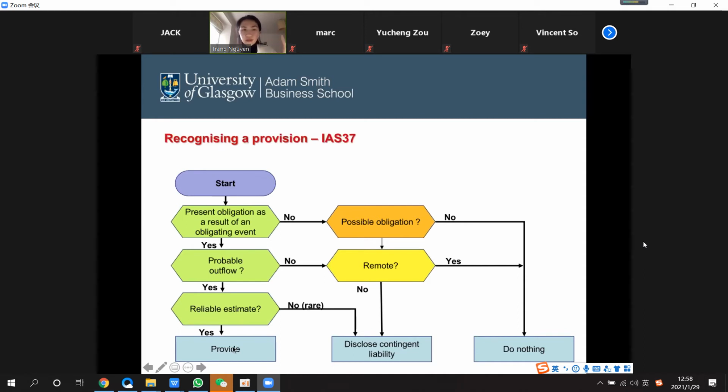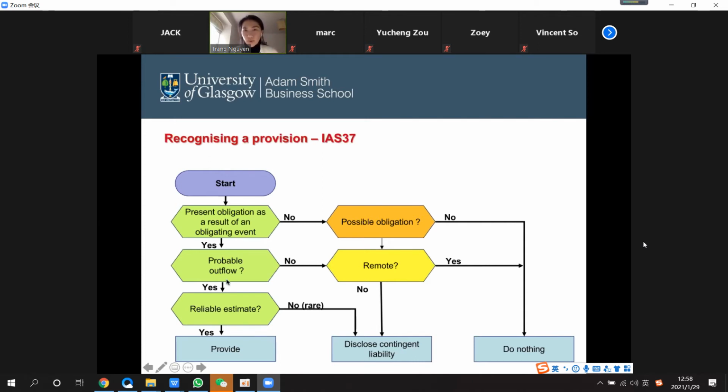Yes, maybe, but we don't know the amount we need to pay. But that information is reliable. Although uncertain, we don't know when we need to pay or how much, that information is reliable. So that's the point: need to distinguish between uncertainty and a reliable estimate.